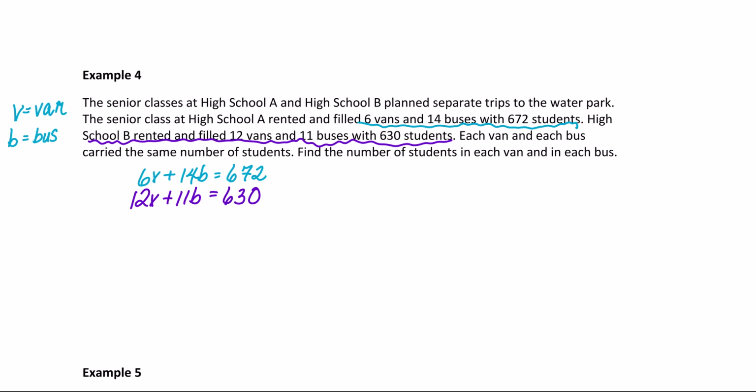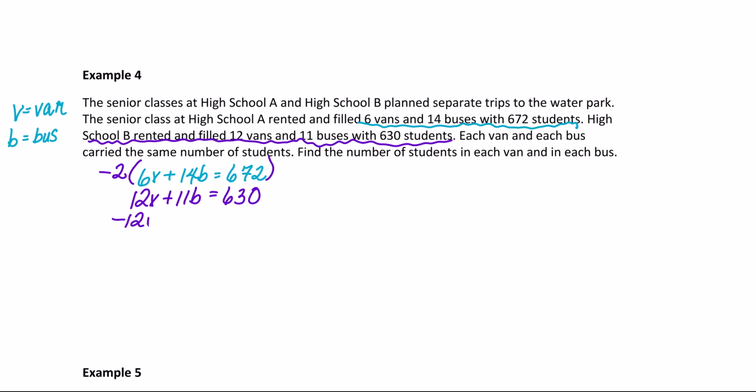And then once you have your 2 equations, hopefully the solving is something we remember. I know some of these are bigger numbers, but you should be able to do this. So we want to make the opposite of 12V. So I'm going to multiply this by -2 so that I get a -12V.